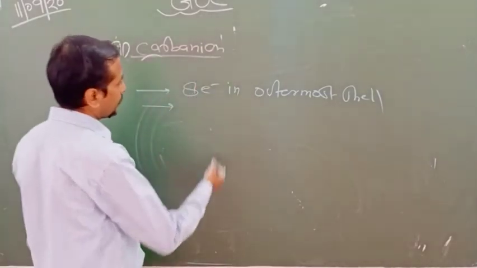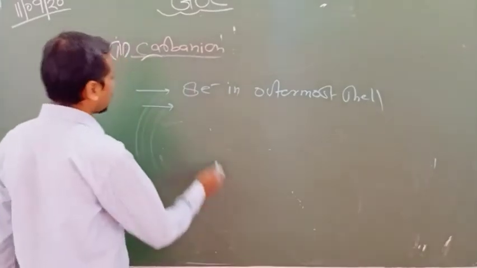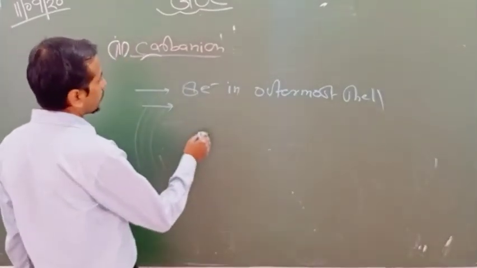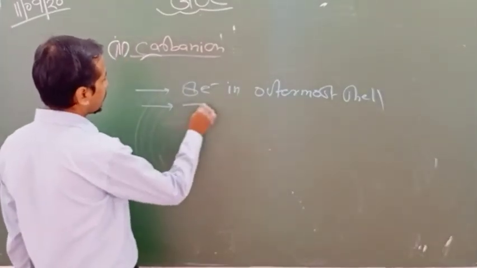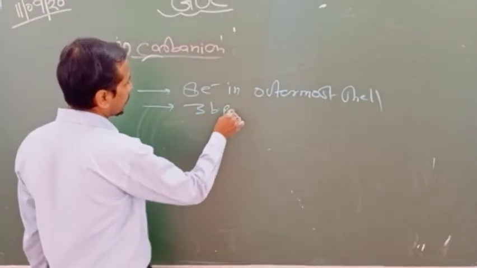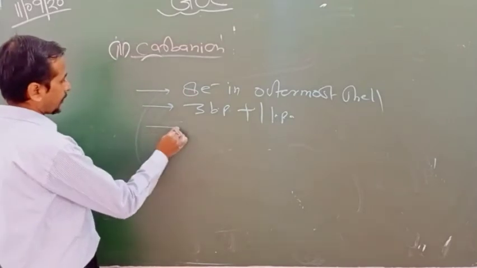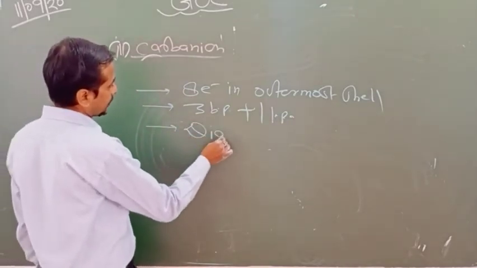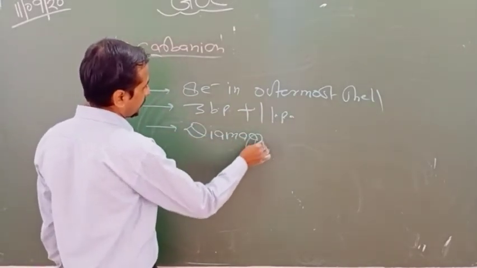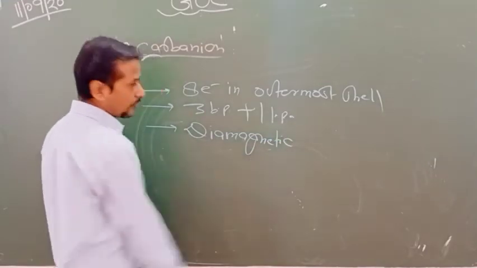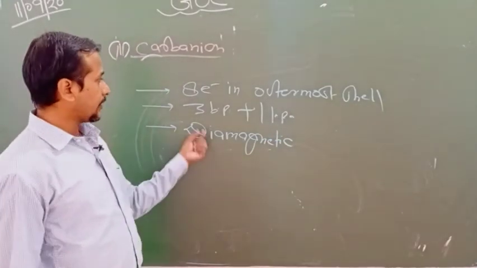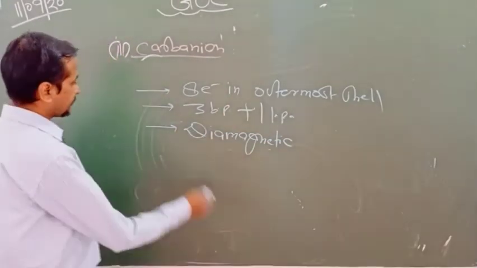They can donate electrons. Here 3 bond pairs plus 1 lone pair, and it is diamagnetic due to the presence of all paired electrons.